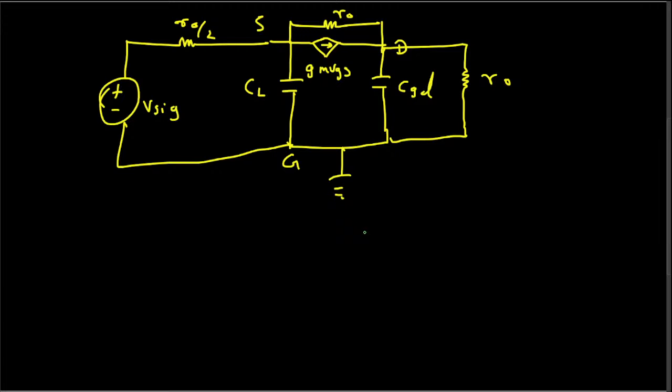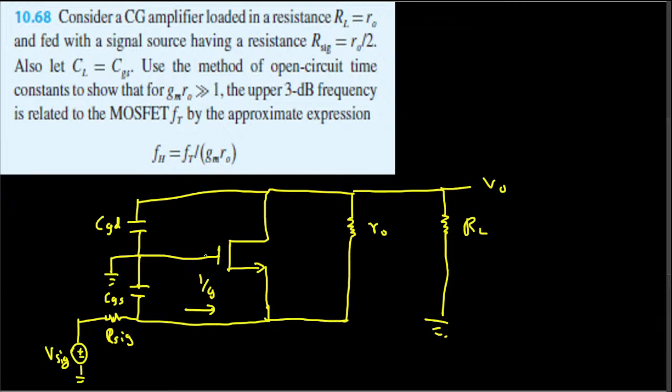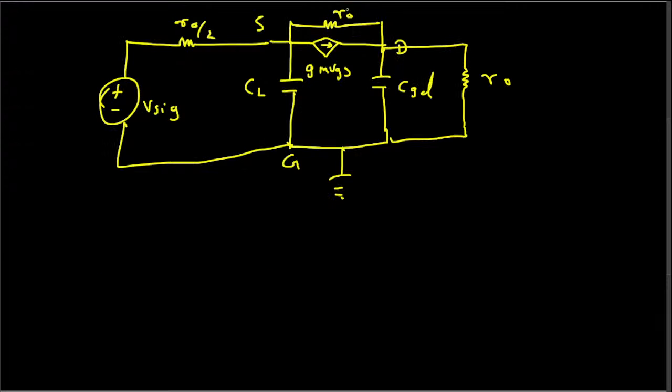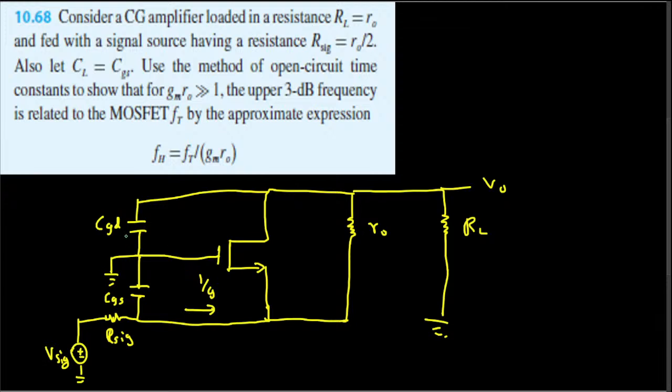Okay, so when we do the time constant method, what we do is we open circuit both of these capacitors when considering the circuit, and then find the time constant. If you do that, the diagram will look like this. We are going to have the exact same diagram, but these two capacitors will be open, and there we will calculate the time constant.